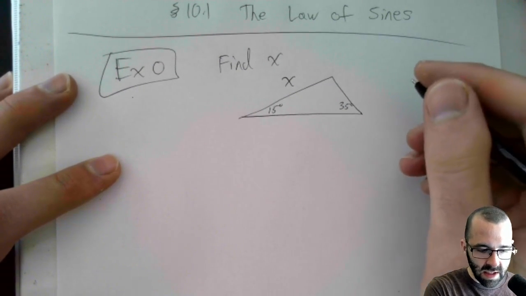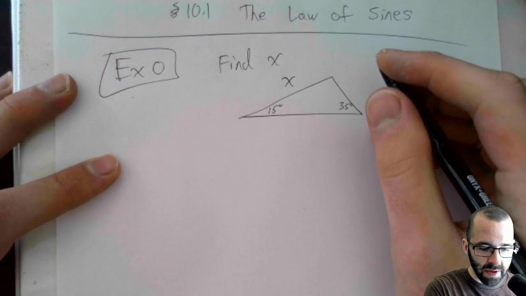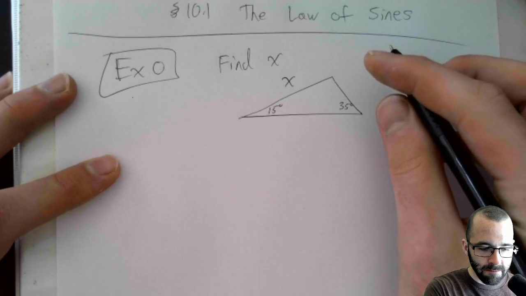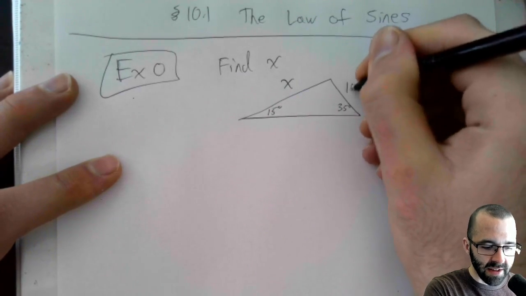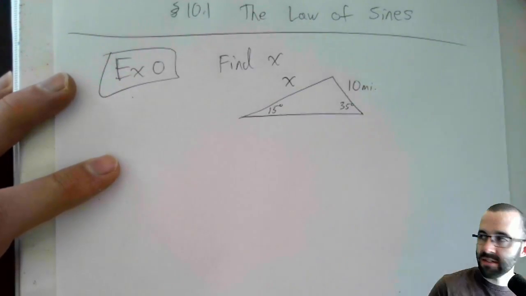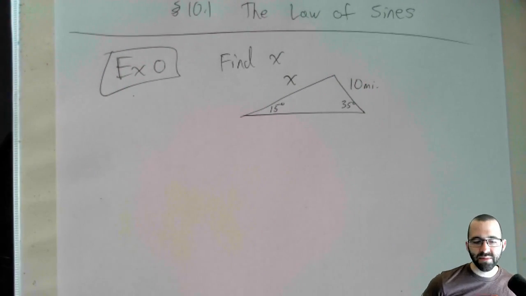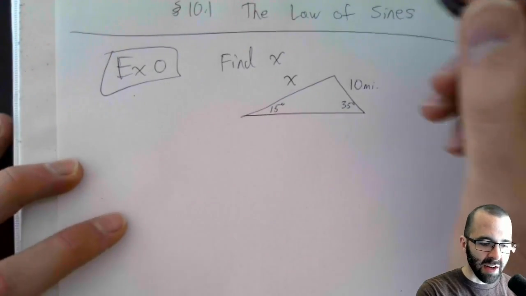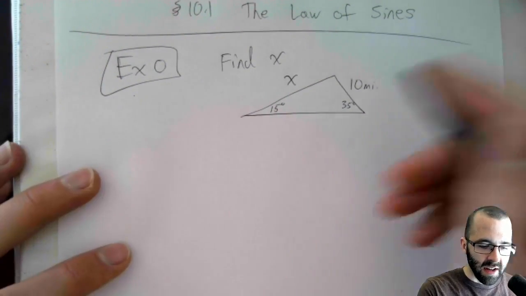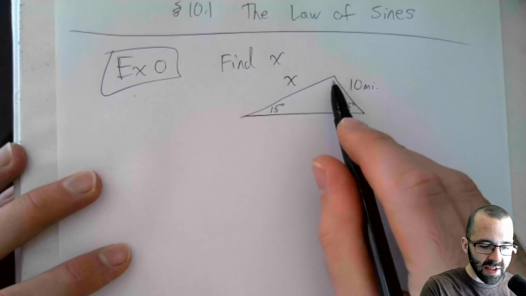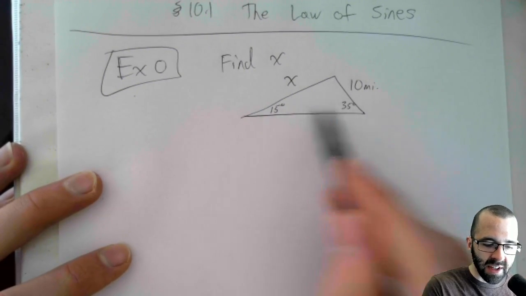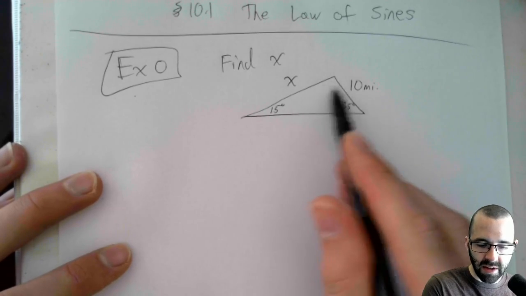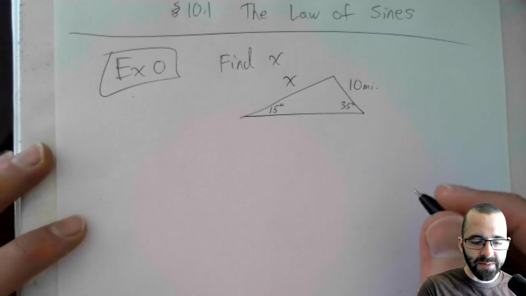And let's say that we also know this is like, I don't know, 10 miles, something like this. Okay, so this is not a right triangle. It kind of looks like a right triangle, but it's not. Right, we know this angle too. All the angles together add up to 180 degrees. So these two together are 50. This has to be 130 degrees. So definitely not a right triangle.